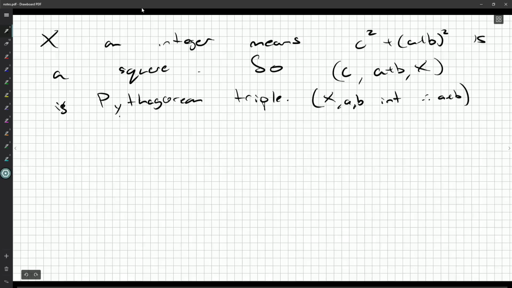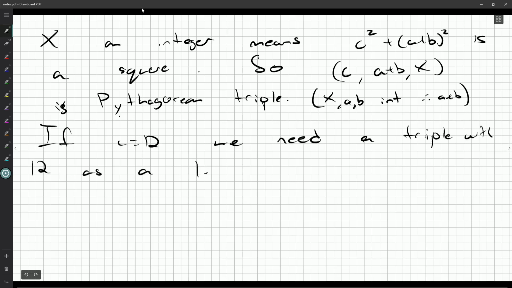I might say if c is equal to 12, we need a triple with 12 as a leg. Legs are the shorter sides on a right angle triangle. Okay, so we could just start listing out Pythagorean triples.